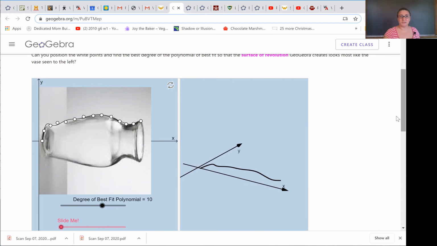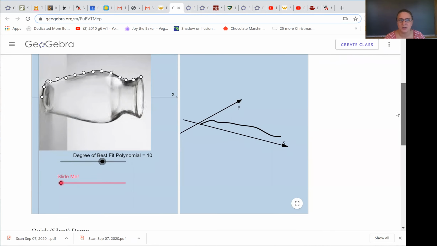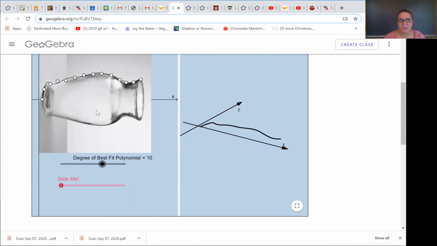What he has done is taken the picture and overlaid it with a number of points and taken a polynomial fit for those points. So this is the way it comes, and we'll just see what happens. This is the curve in the XY plane, which is now laying down flat.